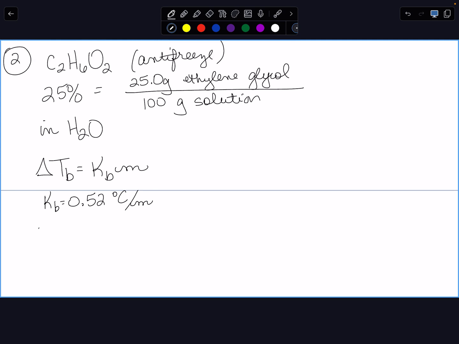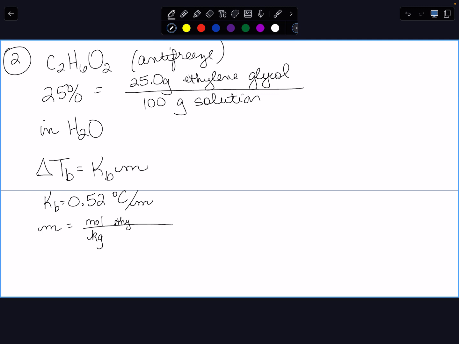Tell me what molality means. It means moles of solute over kilograms of solvent. So instead of writing solute and solvent, I want to write what they are. What's the solute here? Ethylene glycol.